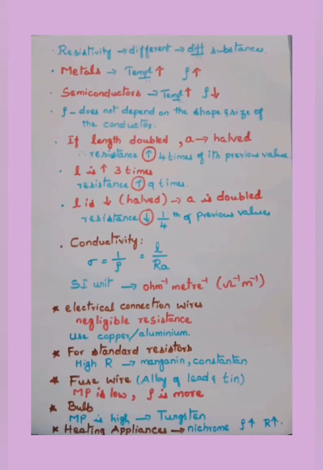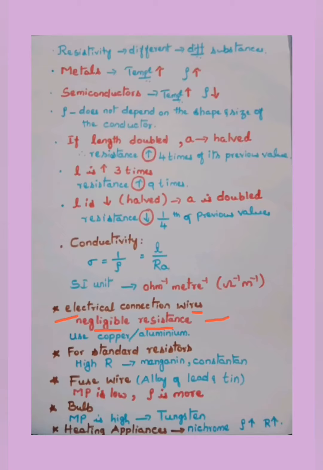There are a few points to be noted while choosing the material of the wire for electrical connection purposes or for daily use to make appliances. Let's see what it is. While choosing the wire for electrical connections, that wire should be of negligible resistance, meaning the obstructions must be less, then only the output will be more, and there will be less loss of energy.